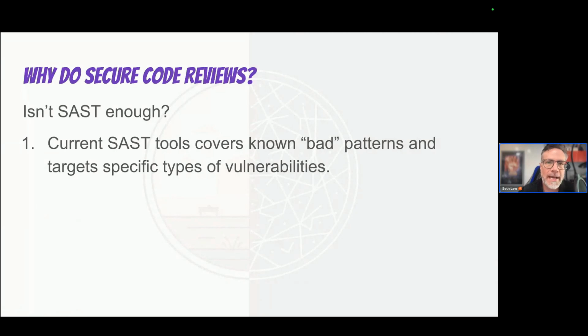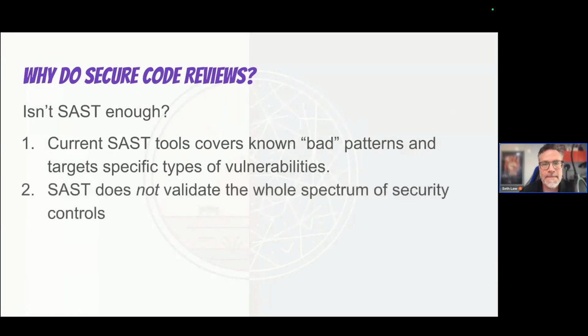What they don't catch are things like authorization flaws. It's very hard for a SAST tool to have any sort of context on how authorization happens within an application. And without training, without writing Semgrep rules that are very specific to your organization and your code base, a SAST is going to have a hard time validating those sorts of security controls.